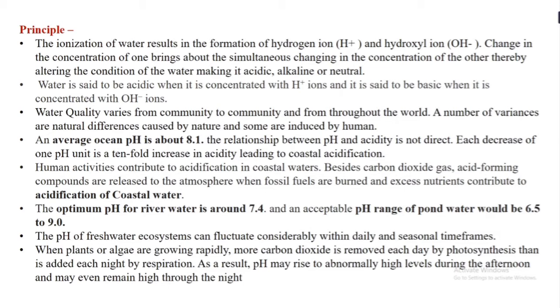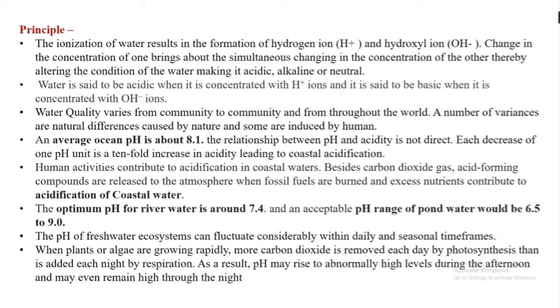If we speak about river water, the optimum pH for river water is around 7.4. And the acceptable pH range for pond water is 6.5, or you can say it can be between 6.5 to 9.